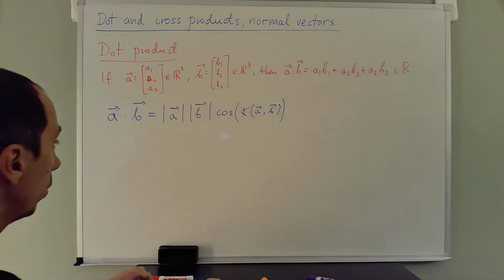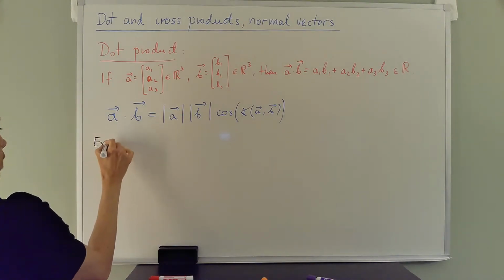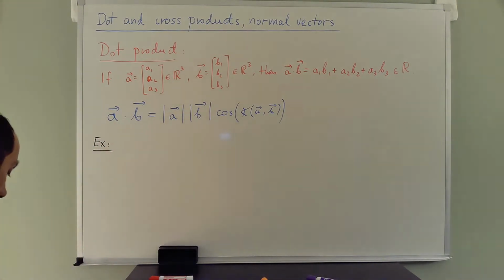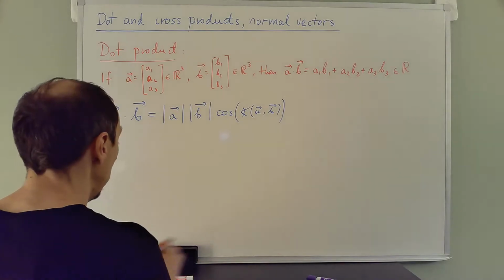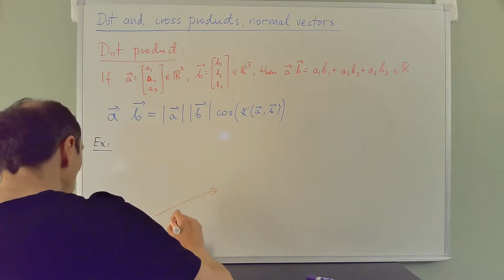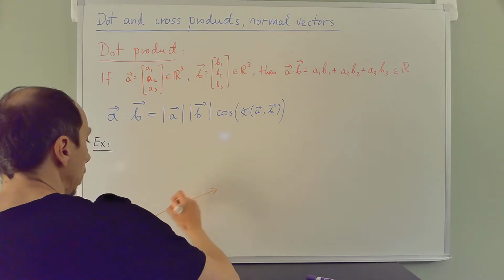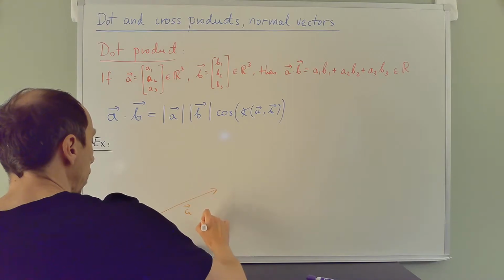So an example. So if I take two vectors, let's say one vector whose length will be 2, so that will be my vector A, and its length is 2.